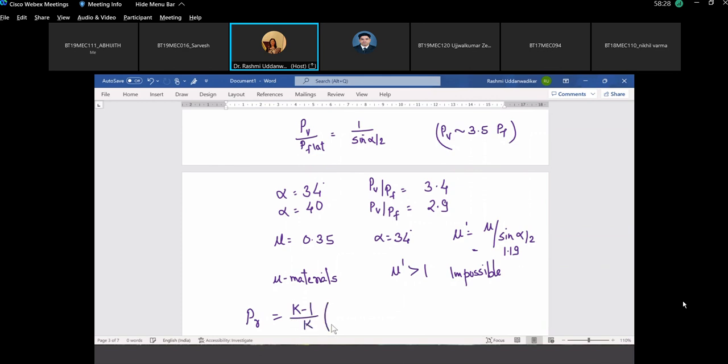But in case of V belt, we have to consider its load carrying capacity, which is T1. T1 depends upon its material and its cross section area, minus its centrifugal tension, minus what? The tension due to bending, into Vp.